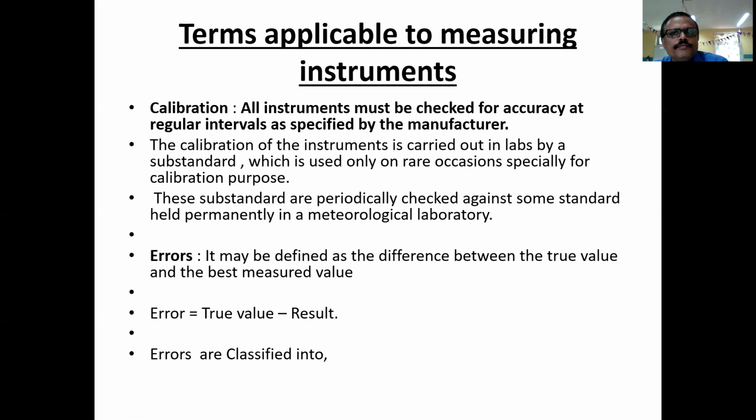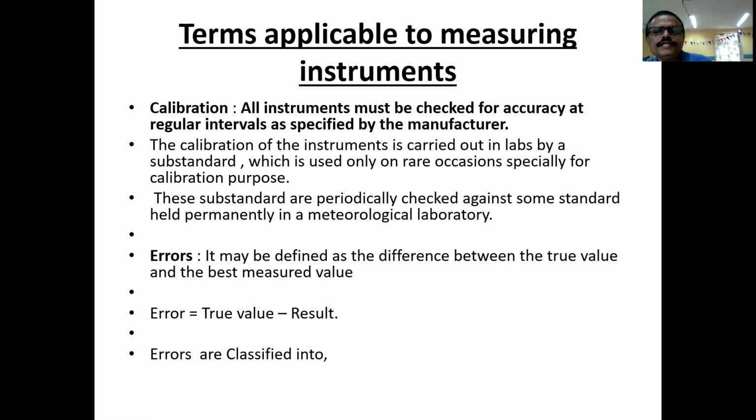Then the terms related to the measuring instruments. One of the important terms is calibration. You have heard this word calibration, knowingly or unknowingly. Calibration is basically checking the instrument for its accuracy. The instrument is checked for its accuracy at regular intervals as specified by the manufacturer. If you don't calibrate it at regular intervals, then the instrument may not give you the desired results.